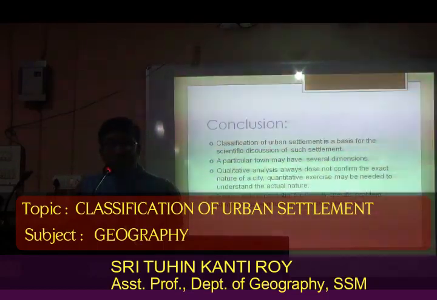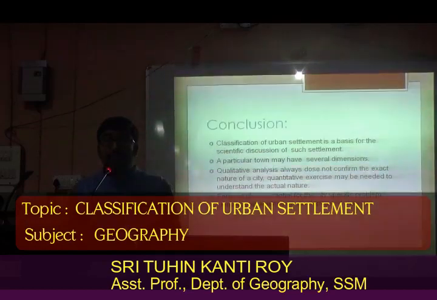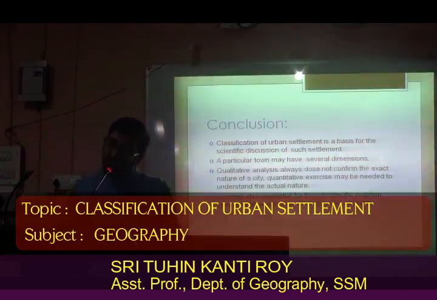And in conclusion, we can say that the entire study of urban classification is very essential for the upgradation of our present urban areas. They are going through several problems regarding their growth and development.